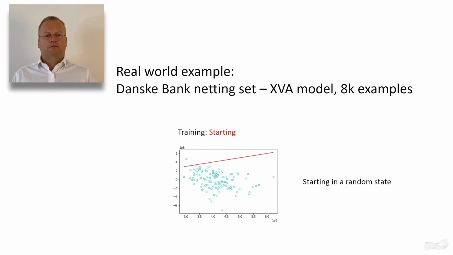Finally, we can apply the machinery to entire netting sets or trading books. In the last example, we learned the pricing function of one of Danske Bank's netting sets, simulated in our proprietary XVA model as a function of a 20-dimensional state vector. We trained the neural networks on 8,000 simulated examples.